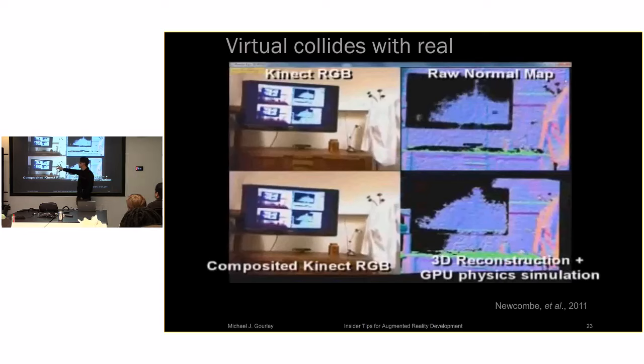Lower left is color composited with real and virtual objects, so this is essentially the AR display that a person would be seeing. And this is just another rendering of this kind of scene, except that it will include both the real and the virtual.